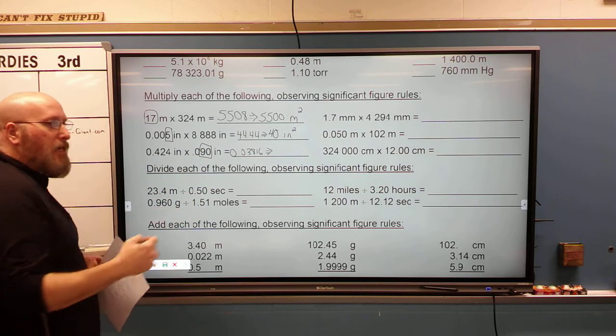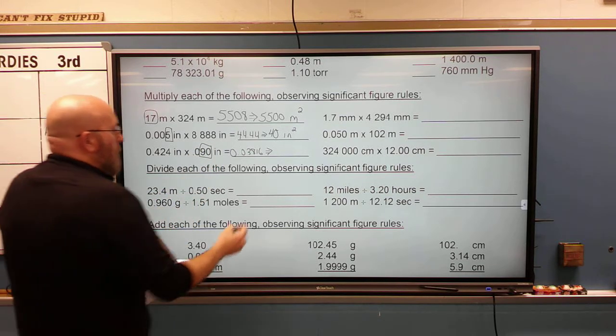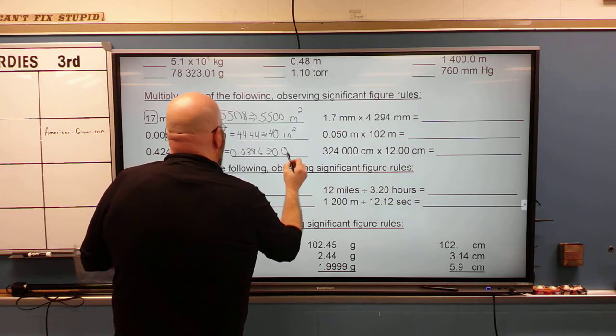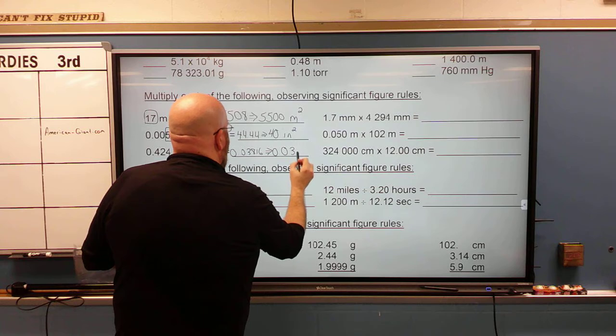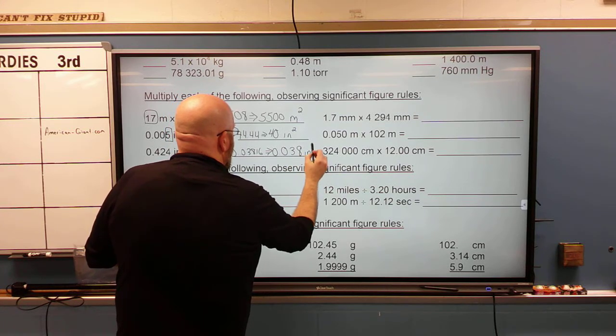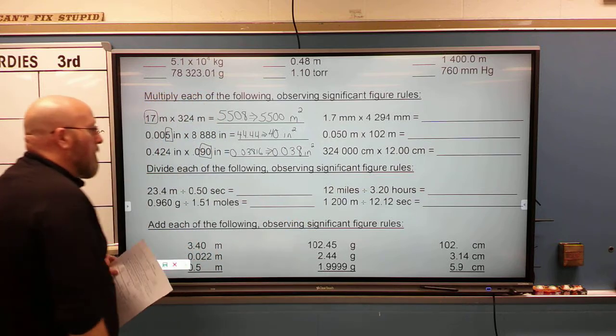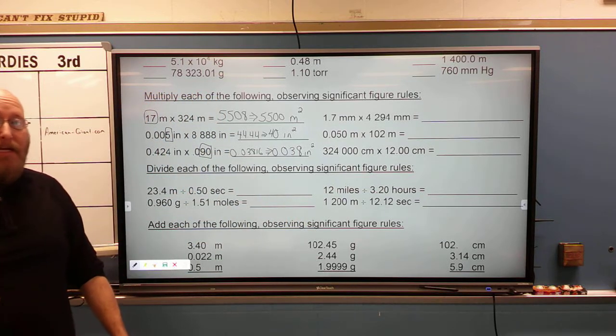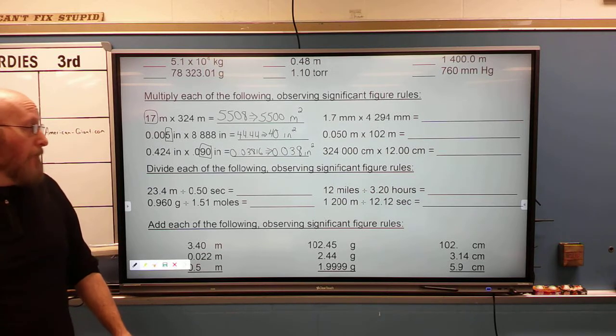So my answer has to have 2 significant figures. So my answer would be 0.038 square inches. Okay? Remember, those leading zeros don't count because they're not statistically significant. They're just placeholders, right?